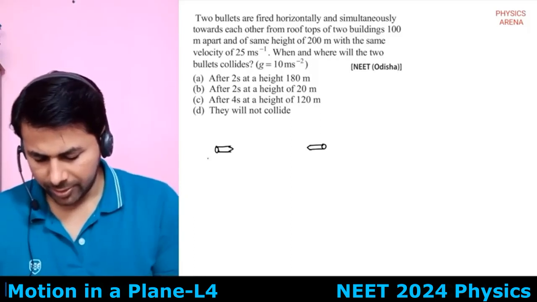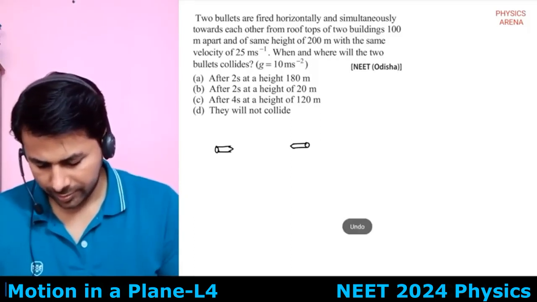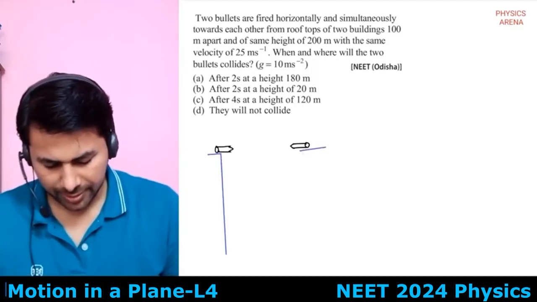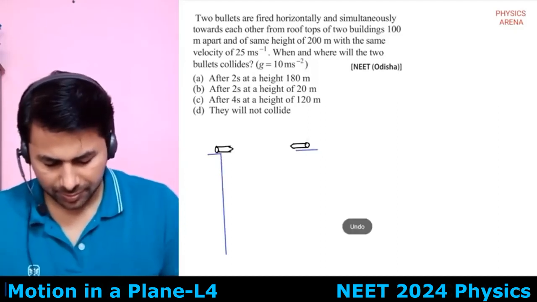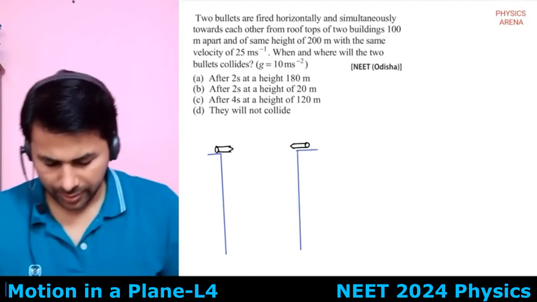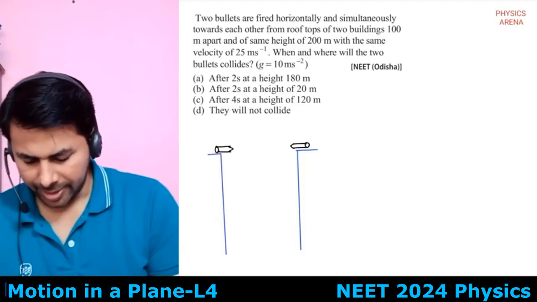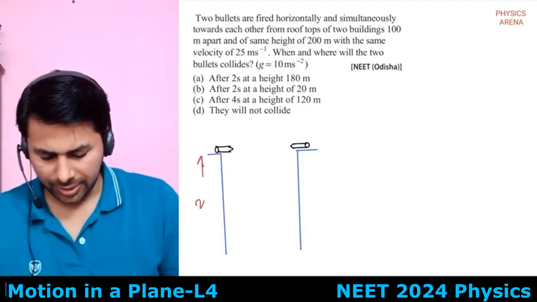So this is the first building, suppose, and the second building. And the height is 200 meters. So this height is given.